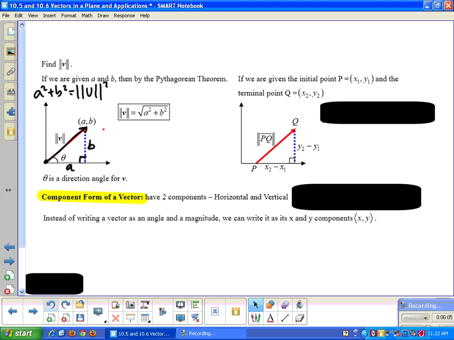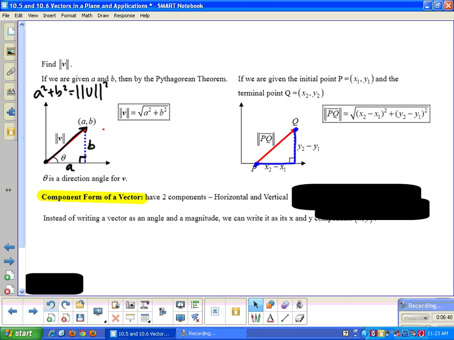Now, the next one, notice that the initial point is not on the origin. So if the initial point is not at the origin, then you have to do something a little bit different. Let's say that this initial point right here is x1, y1, and this one right here is x2, y2. Well, then to find the distance from here to here, you're just going to subtract y2 minus y1, and from here to here, you're going to subtract x2 minus x1.